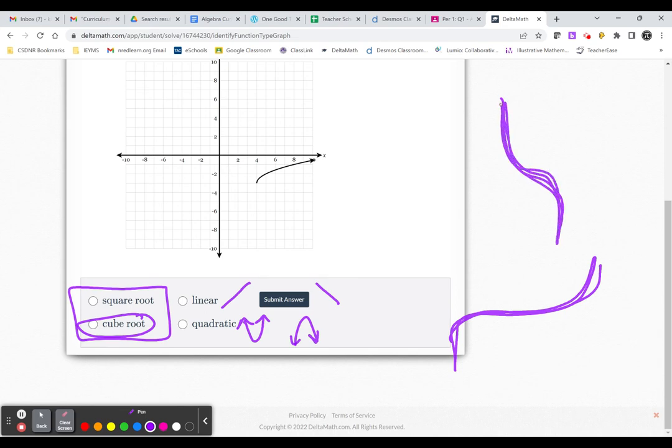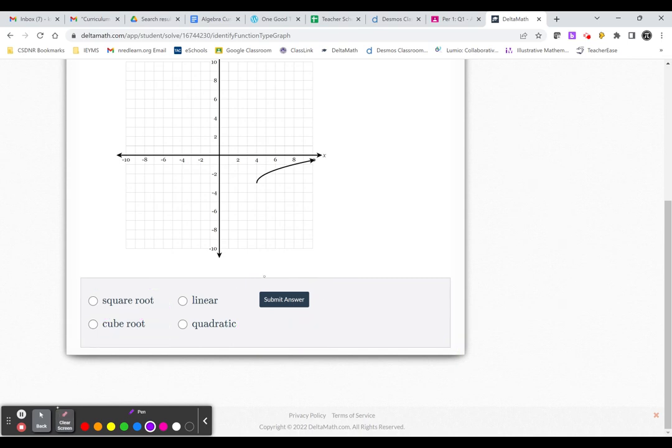That's a cube root. A square root, either like this or like that. It has an endpoint. It doesn't have two arrows. It could even be like this. Square root has an endpoint, and it curves up or down. So this one is a square root.